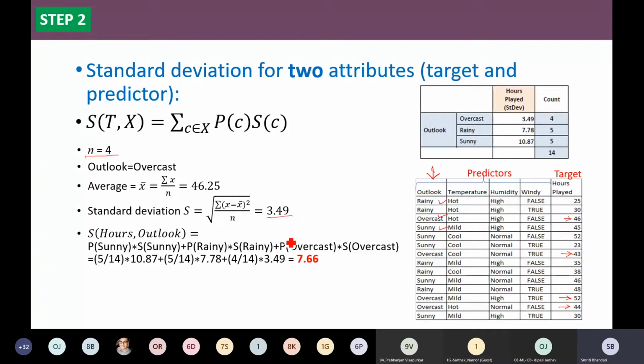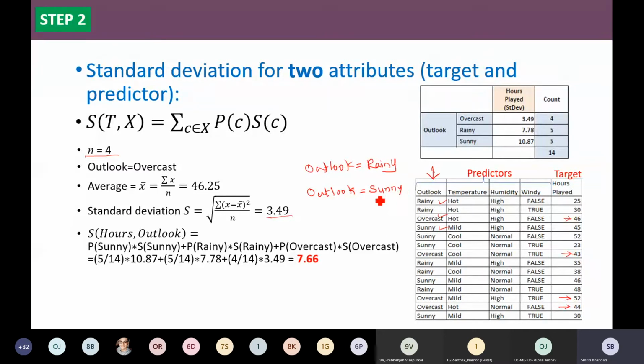Now similarly we are going to compute the standard deviations for outlook equal to rainy, and similarly for outlook equal to sunny, following the similar steps.